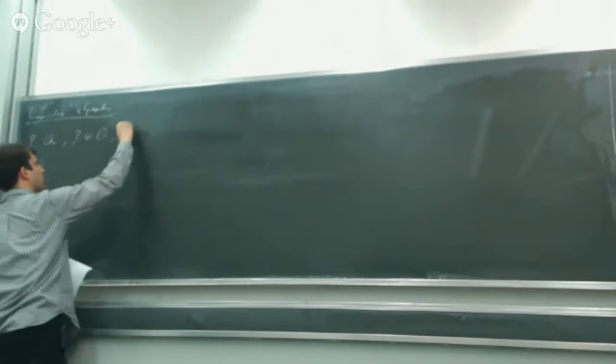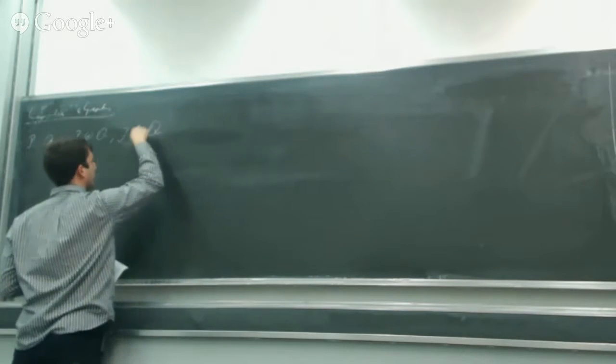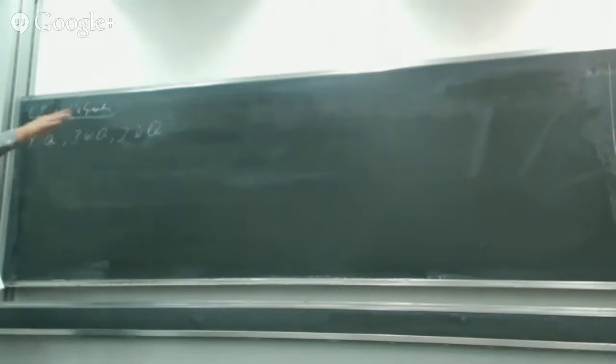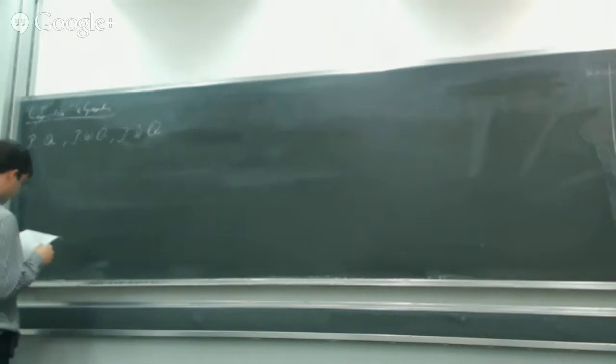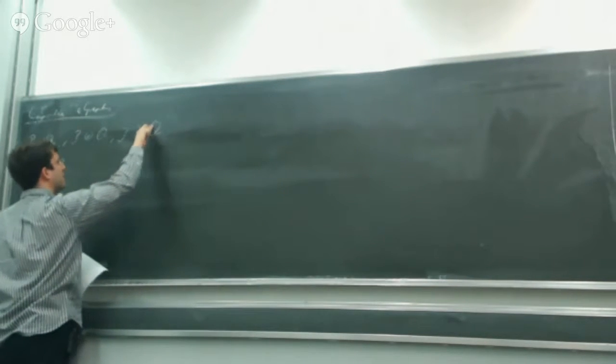And I can also talk about operad P tensor completed Q, where I am allowed to have infinite sums in the definition of the tensor product. Q is another operad.